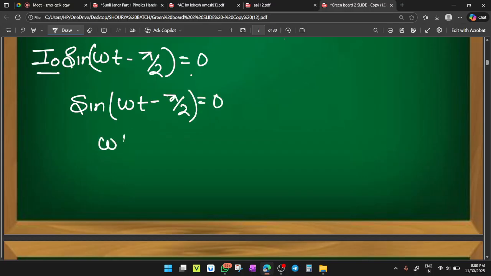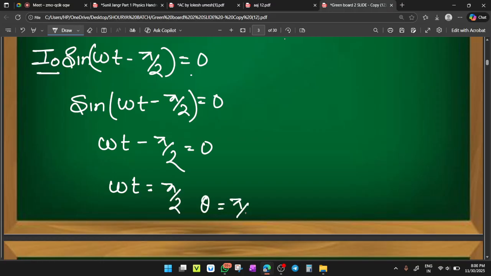So omega t minus pi by 2 equals 0, means omega t equals pi by 2, or you can say theta equals pi by 2. As it is lagging, it will start from theta equals pi by 2. Check here.